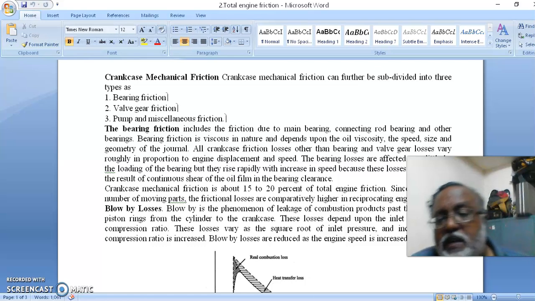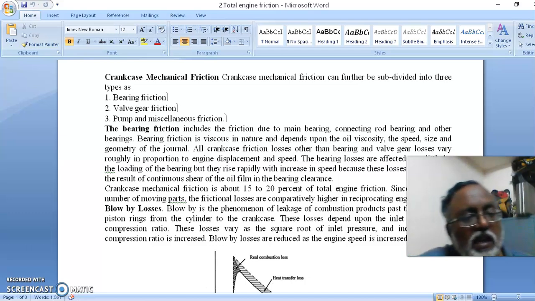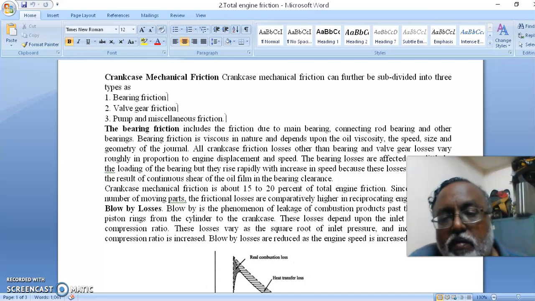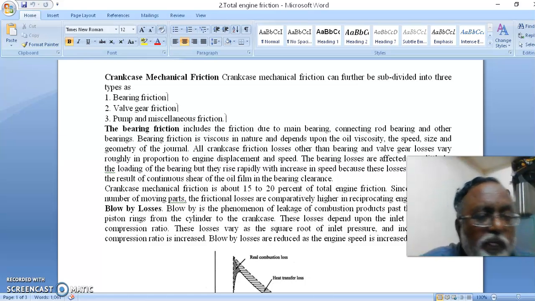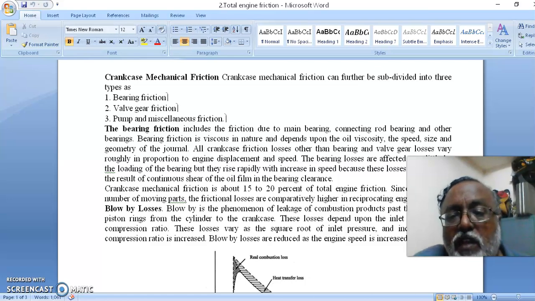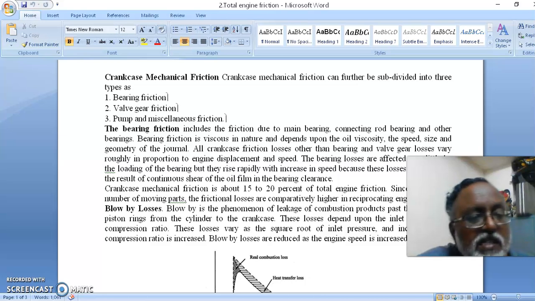These losses depend upon the inlet pressure and compression ratio. These losses vary as the square root of the inlet pressure and increase as the compression ratio is increased. Blow-by losses are reduced as the engine speed is increased.